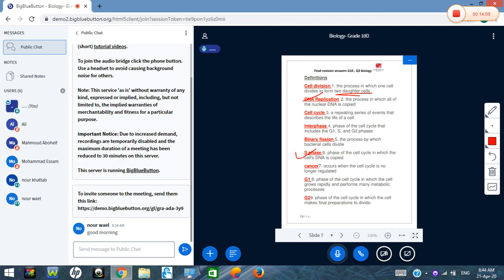Next one, phase of the cell cycle in which the cell makes final preparations to divide. Final preparations to divide means before mitosis, so the answer will be G2.